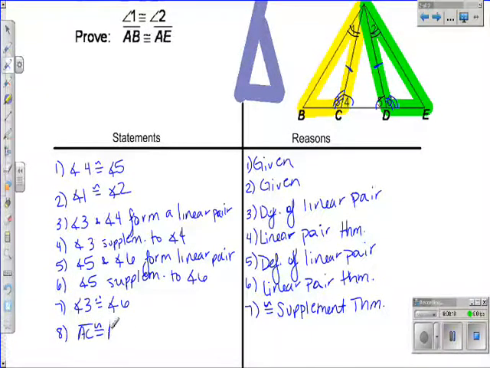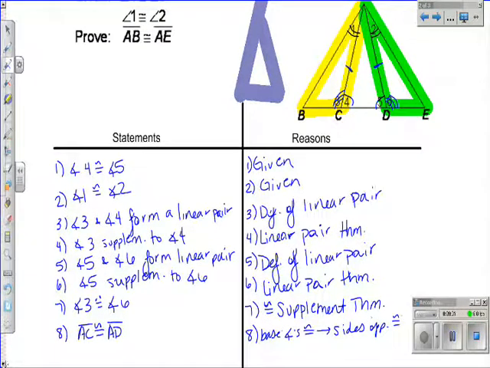From our new theorem, we can say AC is congruent to AD because congruent base angles, which would be angle 4 congruent to angle 5, imply that the sides opposite are congruent.